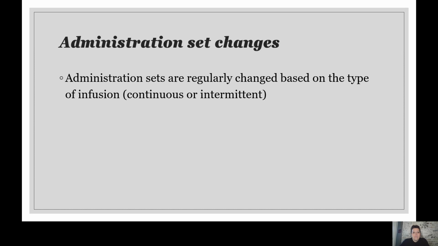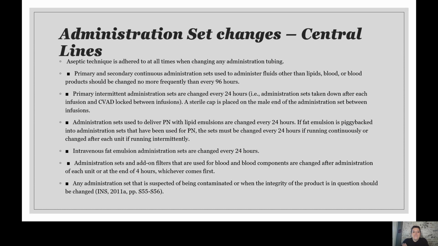Let's see. We've already talked about administration set changes. For central lines, primary and secondary continuous administration sets to administer fluids should be changed no more frequently than every 96 hours. I told you PN and lipid emulsions are every 24 hours.